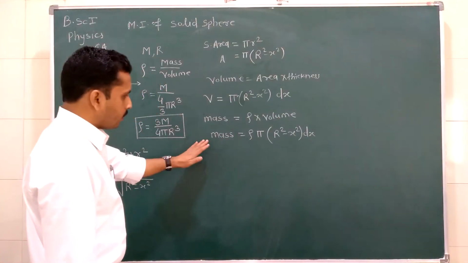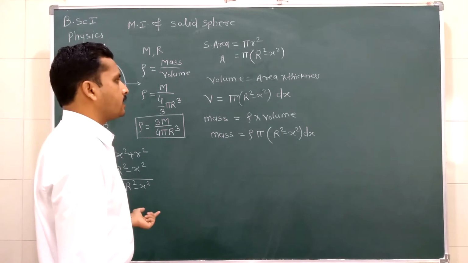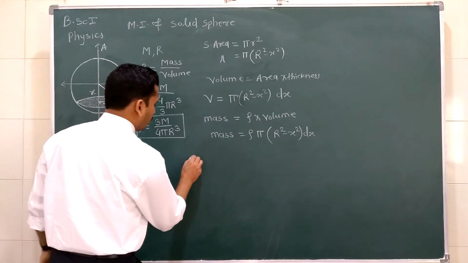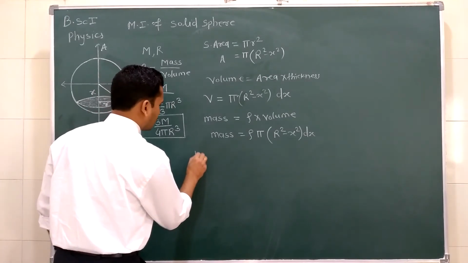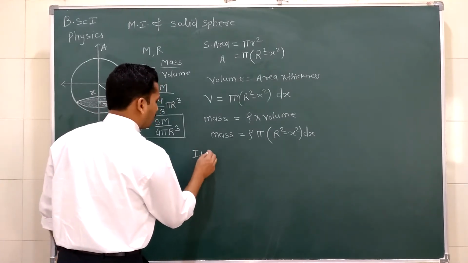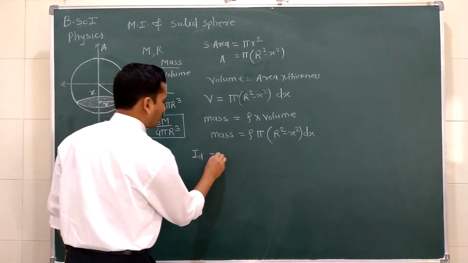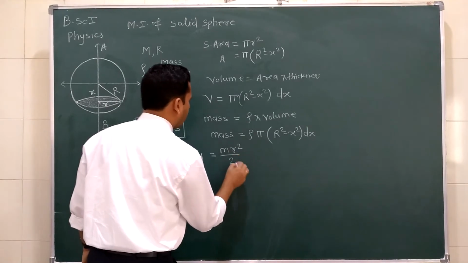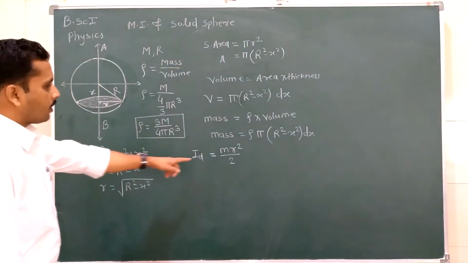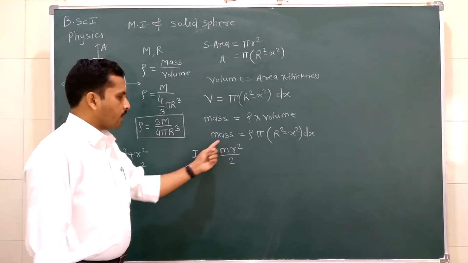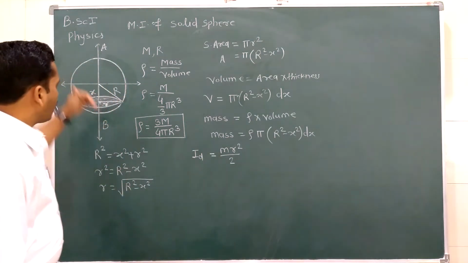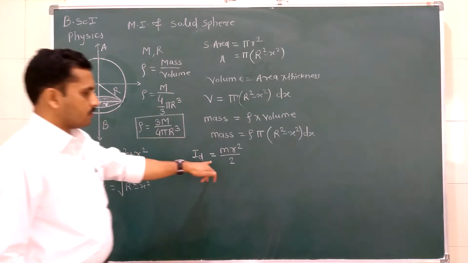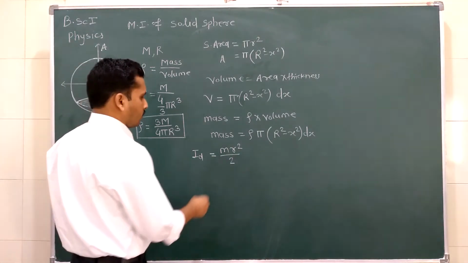Now if we know the mass and the radius, we can calculate the moment of inertia of the disc. The moment of inertia of the disc, I_d, is equal to m r square divided by 2. We already saw the moment of inertia of the disc about an axis passing through the center and perpendicular to the plane, which is equal to m r square by 2.